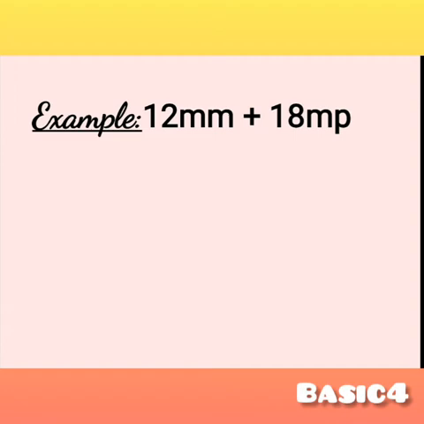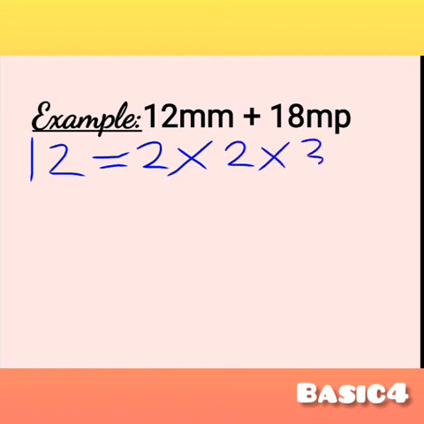So first of all, let's find the factors of 12. 2 goes into 12 is 6. 2 goes into 6 is 3. Thus, 2 times 2 times 3 are the prime factors of 12.